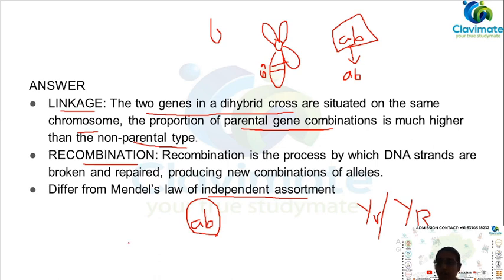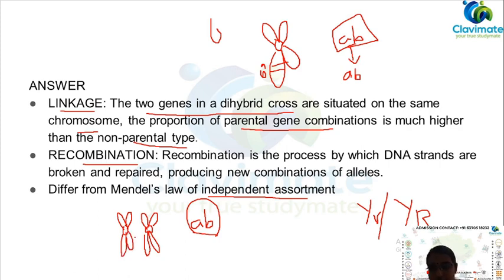So recombination is the exchange of genetic material, that is crossing over. Two chromosomes will cross over. So we have one chromosome here and we have another chromosome here, and they cross over.